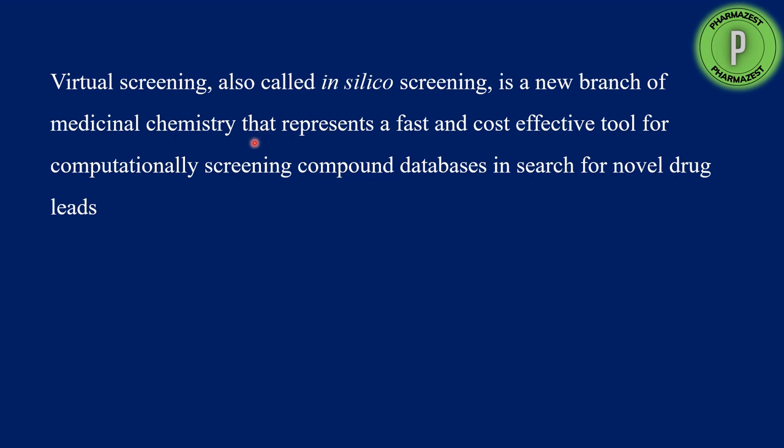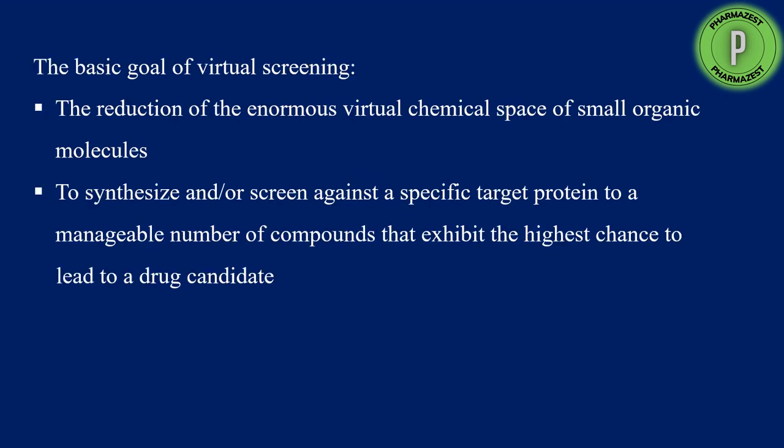So the process becomes faster and the cost is also reduced because you are bringing down millions of molecules into a manageable number of compounds, so that only the potential leads will be synthesized and tested against the protein. So that is why it is a cost effective tool.